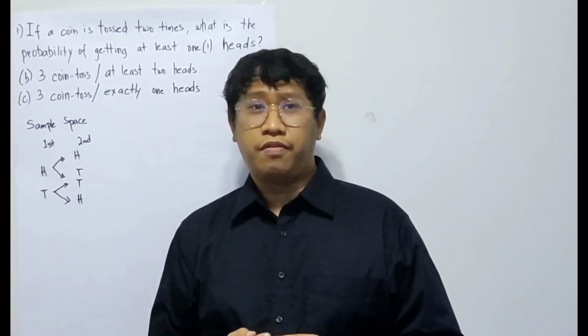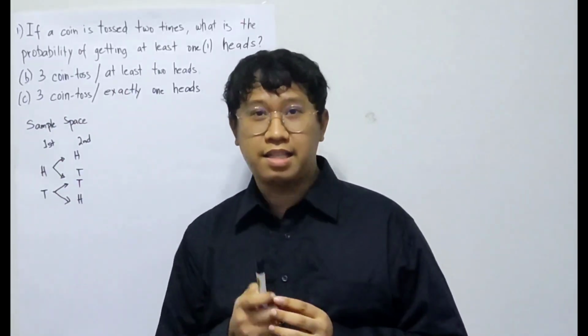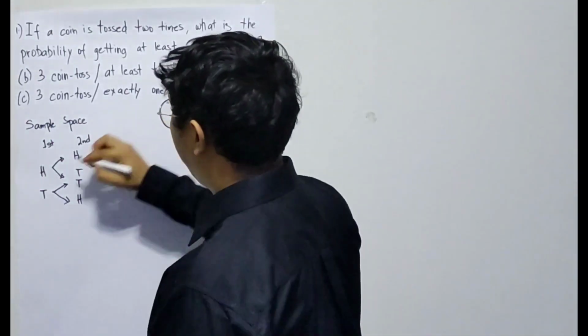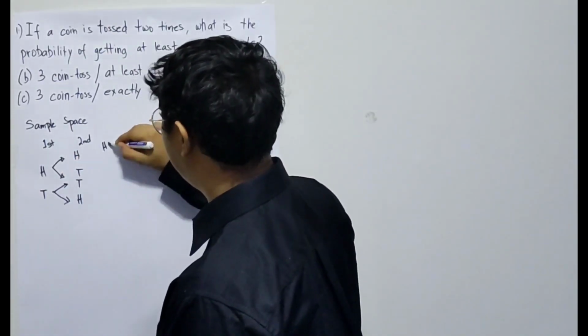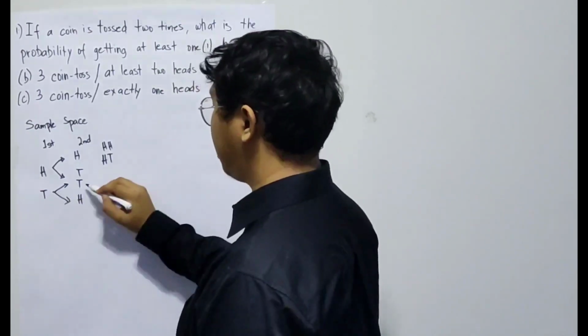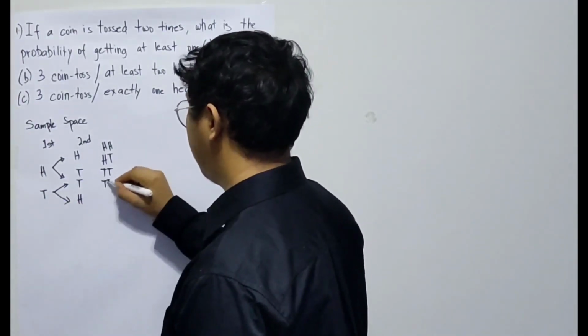How about the favorable outcomes? The problem says we need to get at least 1 heads, so we have heads, then tails, and tails, and tails and heads.